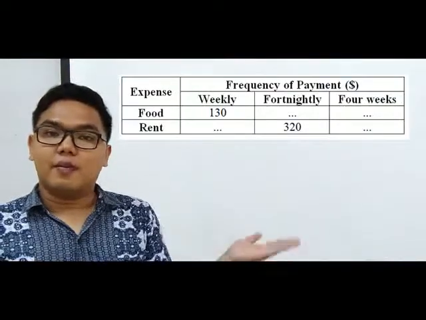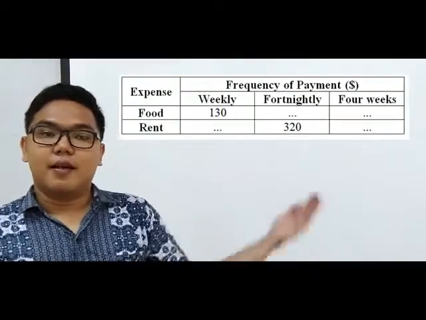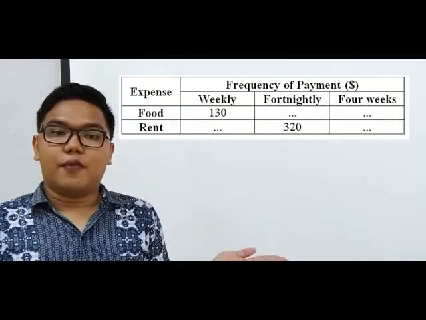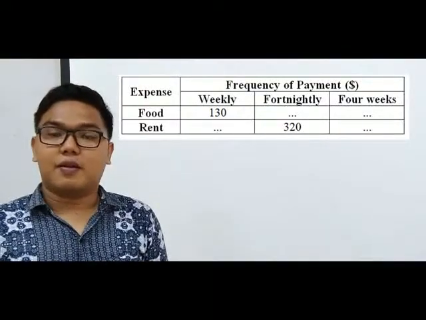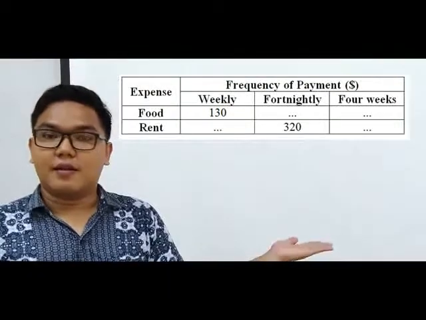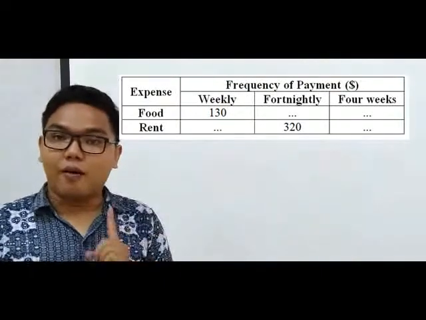Okay, so usually living expense can be written in a table. There is a weekly column, a fortnightly column, and a 4 weeks column. Weekly is the amount of money that you spend in 1 week.